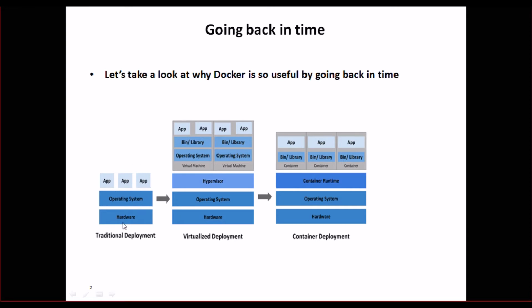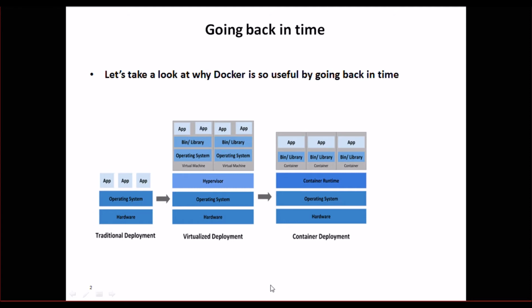But if I use multiple apps on the same operating system on the same box, and one of the apps is utilizing more space, I am gone. Everything is down. So people started thinking about the virtualization environment. The new technology came in because of this issue.